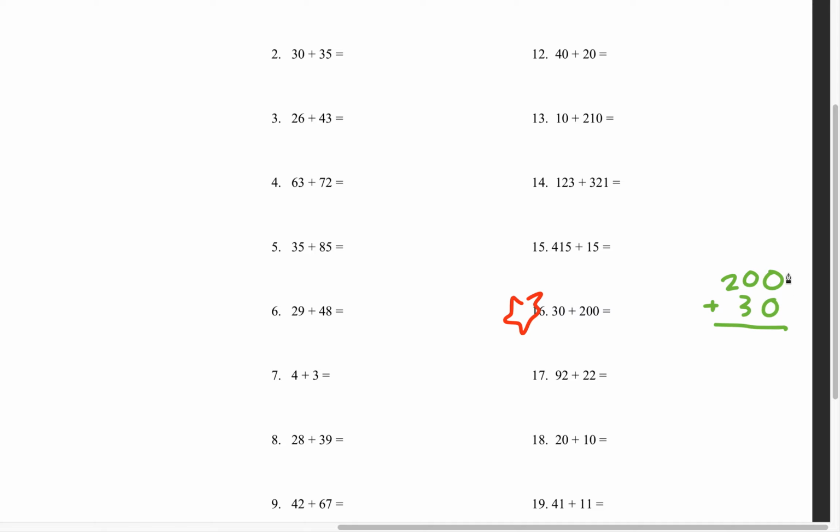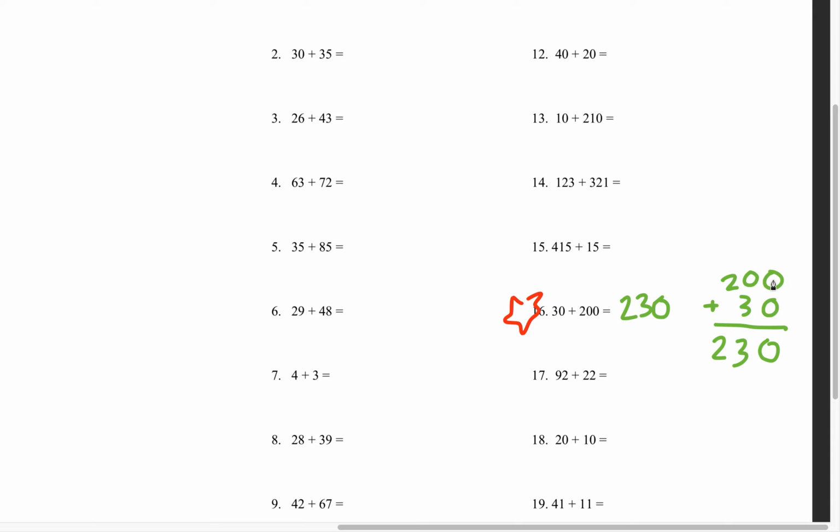This makes it easier for me to add. It just makes it easier to visualize. So 0 plus 0, that's 0. 0 plus 3 is 3. And 2 plus blank, which is basically 0, is 2. Therefore, the answer is 230.